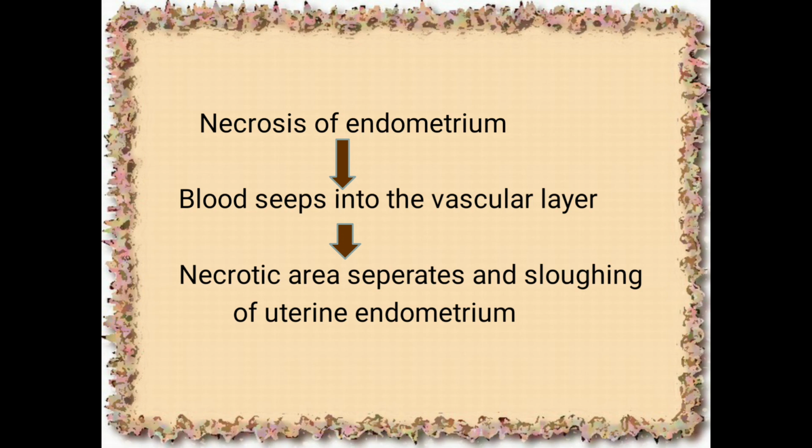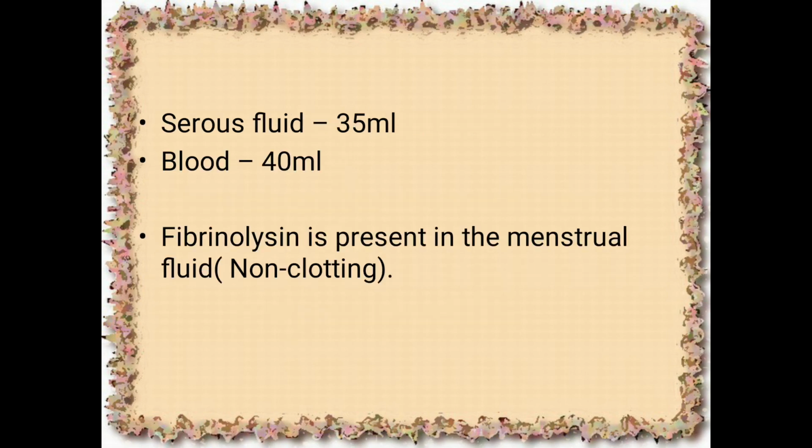The corpus luteum degenerates. If you take the blood loss, the serous fluid is about 35 ml and blood is about 40 ml during the menstrual bleeding phase, and there is fibrinolysin present in the menstrual fluid. So this fibrinolysin prevents clot formation.